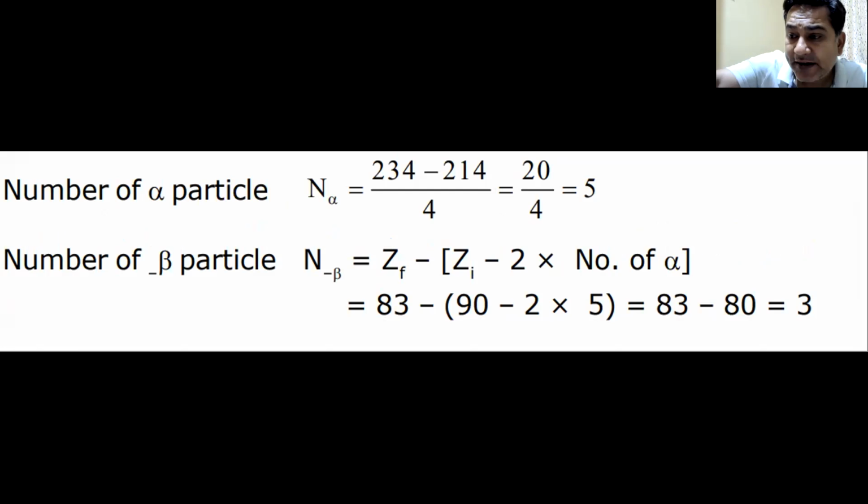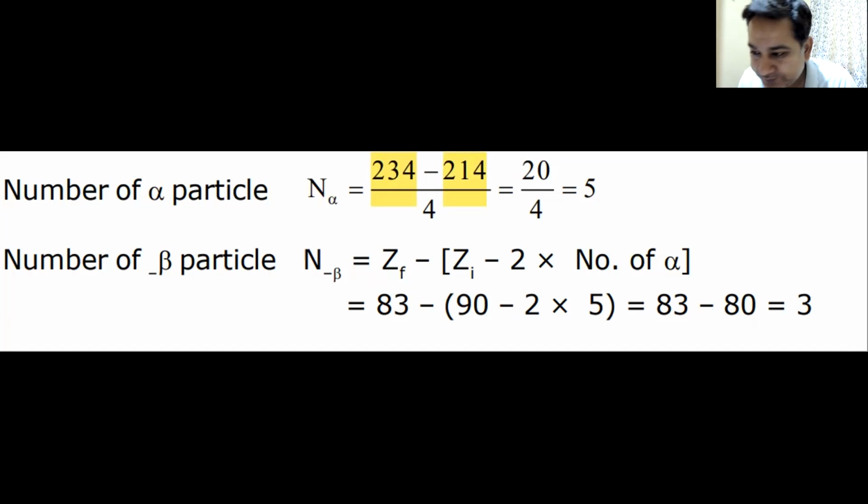Now, how do I find the value of N? To get the value of N, which is the number of alpha particles, is very simple. The only way you can change the mass number, remember the original mass number is 234, yes or no? Yes, sir. And the final mass number is 214. The only way you can change mass number is by emitting alpha particles.